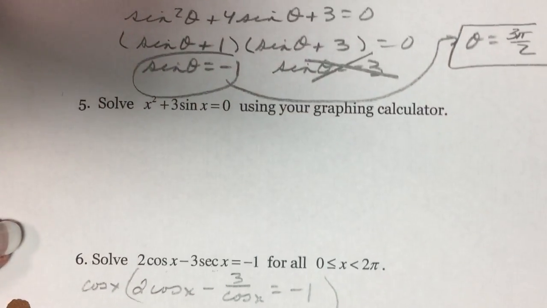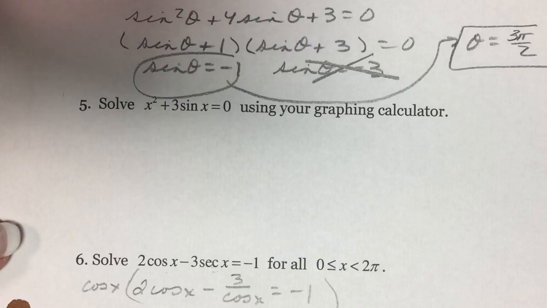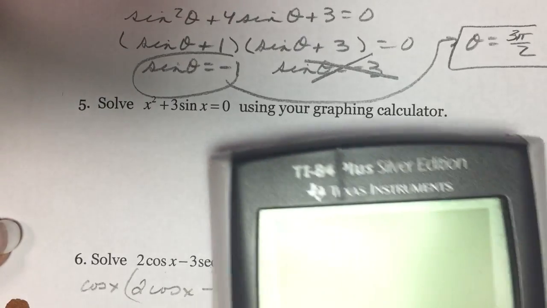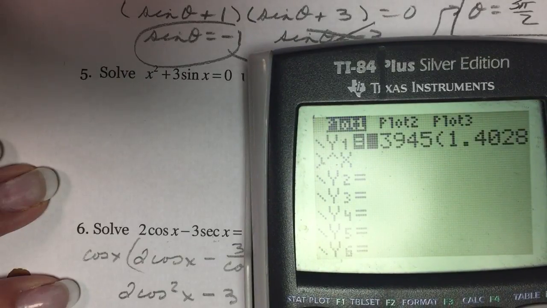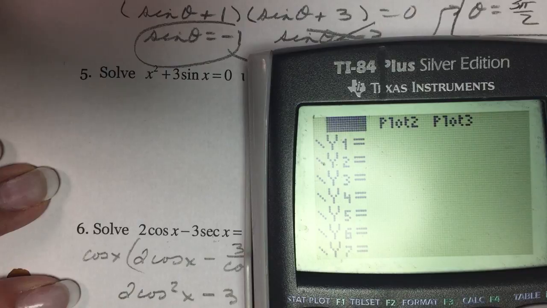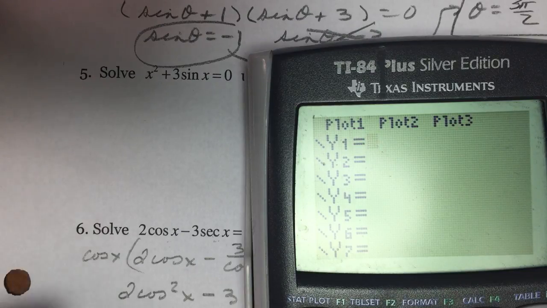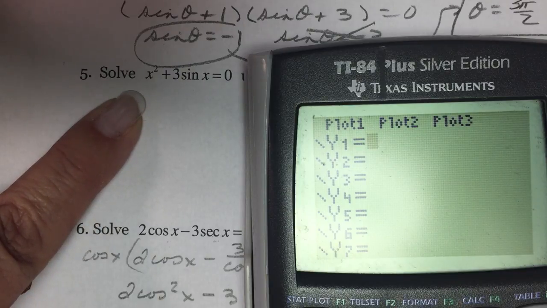Okay, and then just really quickly for number 5, look, it says solve using your grapher. Woohoo! So remember, we've done solving equations in our grapher before. What you're going to do is go to your y equals. Now I've got an issue here. Notice how my plot, because I had a scatter plot in there earlier, so I've got to get rid of that. So you are going to plug in the left-hand side for y1.